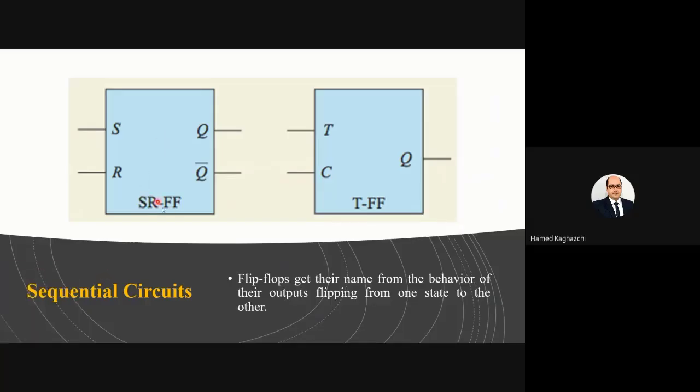This is the SRFF. The schematic form of the set-reset flip-flop is like that. We have two inputs, S as set and R as reset, and also two outputs. Actually, these two outputs are effectively one output, because this is the Q and this is the Q bar. We know that if we have Q, we can calculate the Q bar.